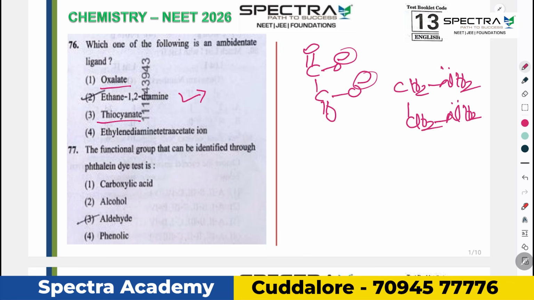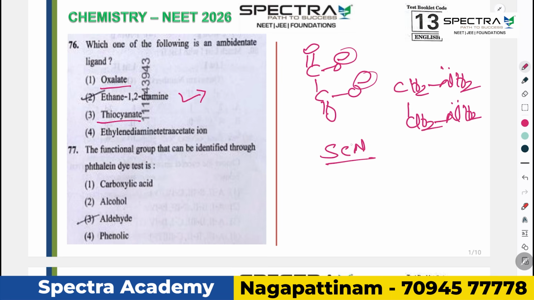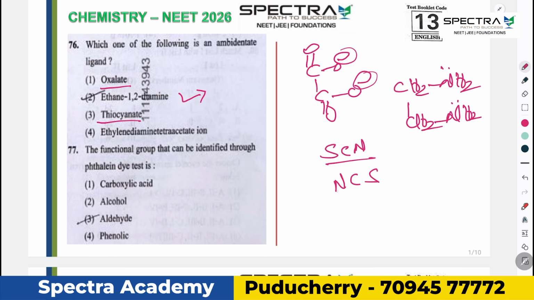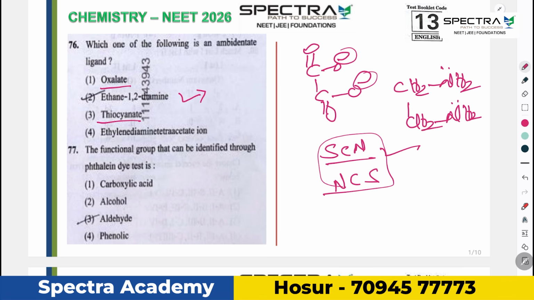When it comes to thiocyanate, SCN, it has two donor atoms, that is nitrogen and also sulfur. So this is an ambidentate ligand, which can donate from more than one side, but only one at a time. So the correct option is thiocyanate.